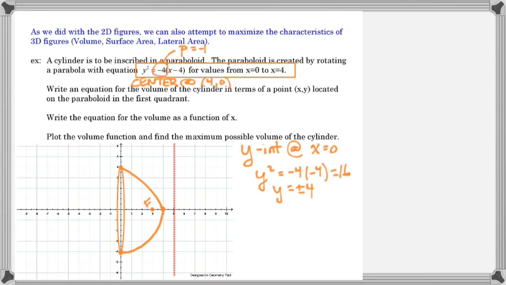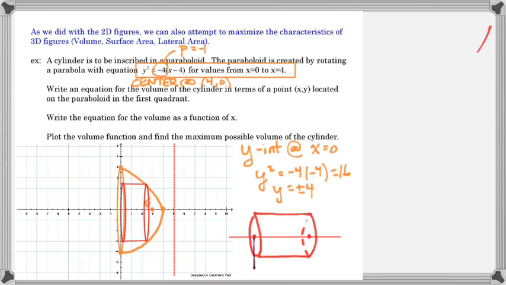And what we're going to do is embed a cylinder in there, and we take a general location on point x, y. So there's my cylinder, and I have to somehow get that in terms of variables that I can then maximize. So if I look at that, my x value, and then I have an r value. So x will be x. r is again dependent on where I am on the parabola.